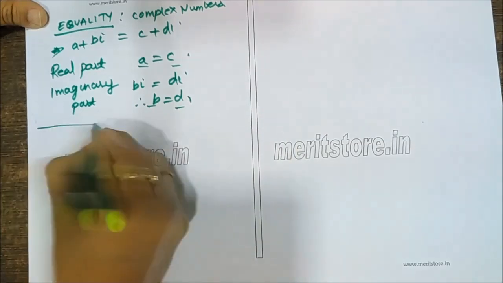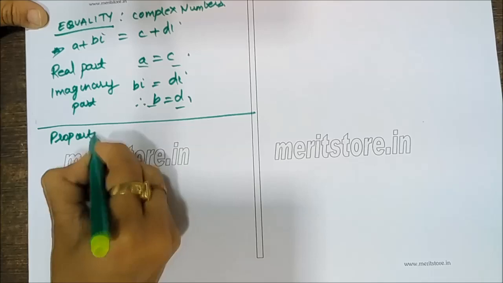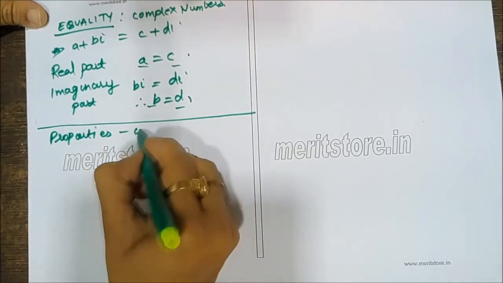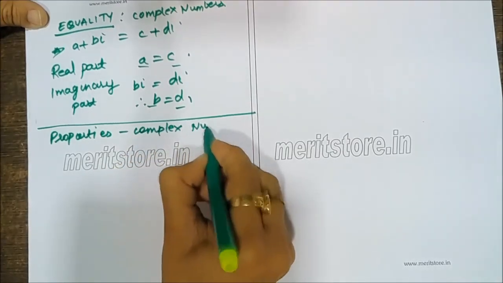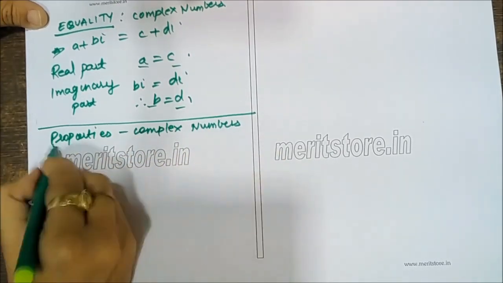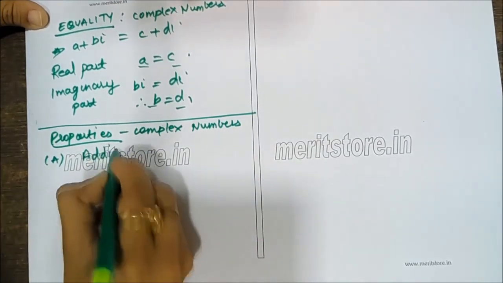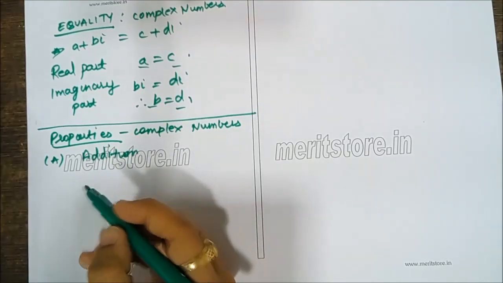Now properties for complex numbers. There are 4 sections here. I would say addition, when I am adding, when I am subtracting, when I am dividing, and when I am multiplying.